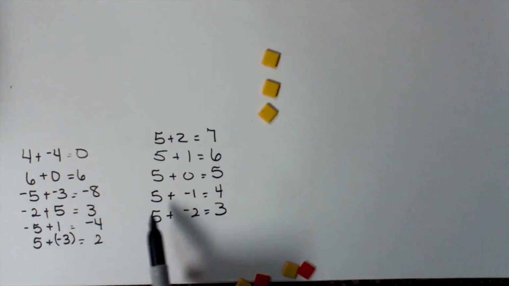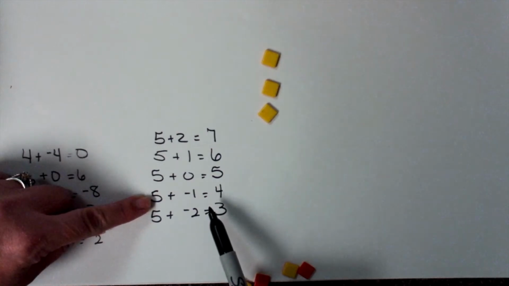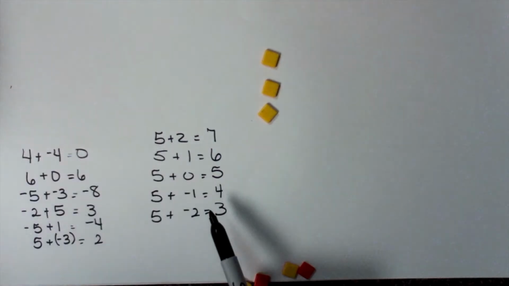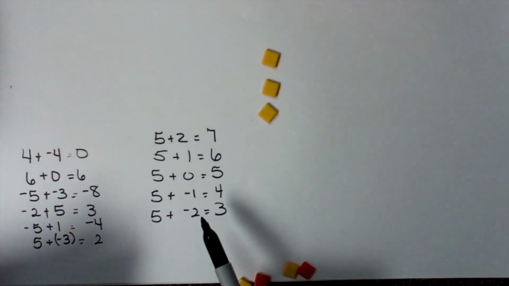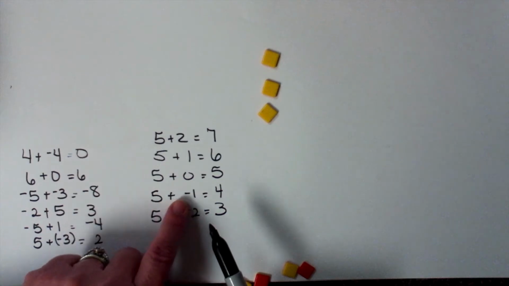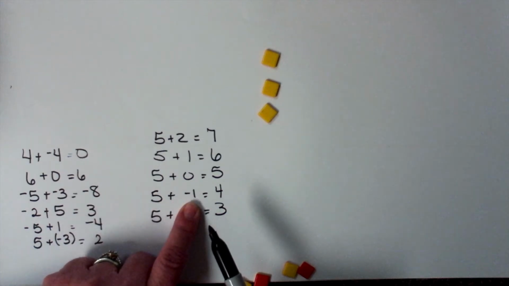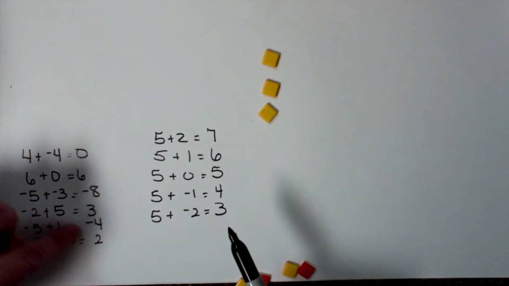They can start to see that this actually becomes a subtract. So we haven't said anything right now about any kind of procedure, but they're starting to see it. They will start to see that, oh, this is just like 5 subtract 1, 5 subtract 2. See how they can see that in a pattern?